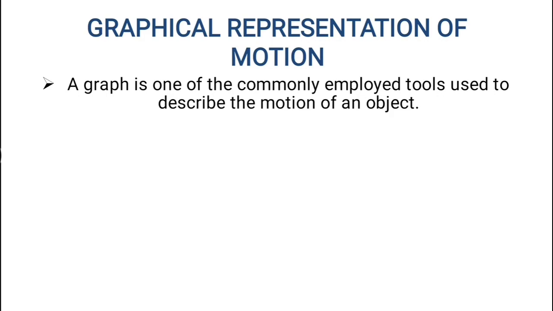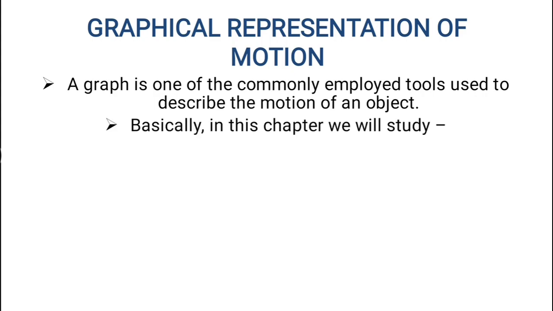So students, in a graph, what we do is basically relate two physical quantities. For example, when you relate a physical quantity distance with time, then that type of graph is called a distance time graph. And when we relate a physical quantity like velocity with time, then that type of graph is called a velocity time graph.